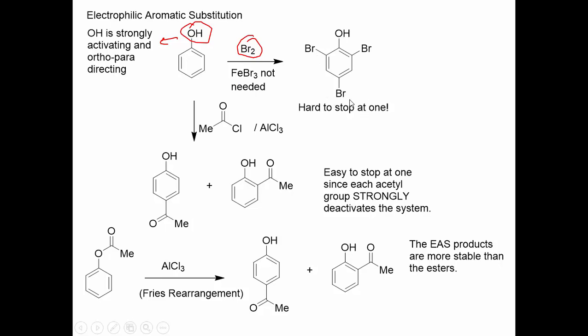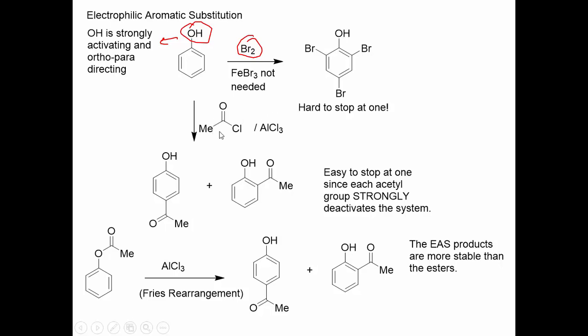It's kind of hard to stop this reaction at 1. Okay, so this is a real problem with this process because the bromine doesn't really deactivate very strongly, so yeah, it would be hard to stop this at just 1.